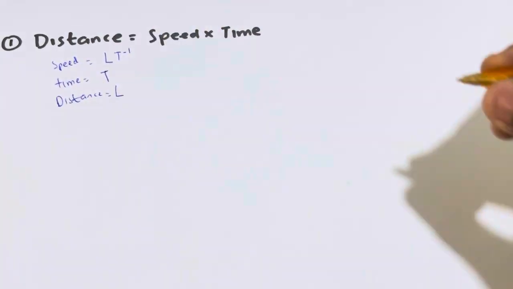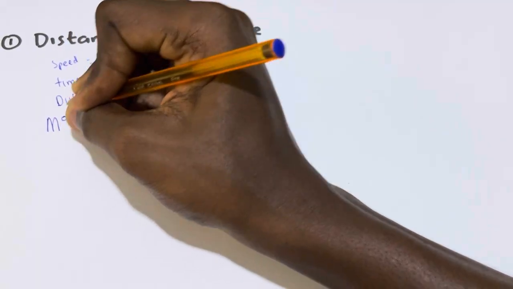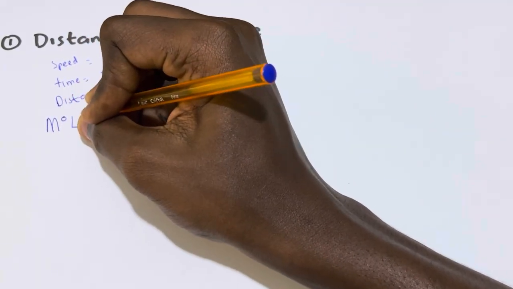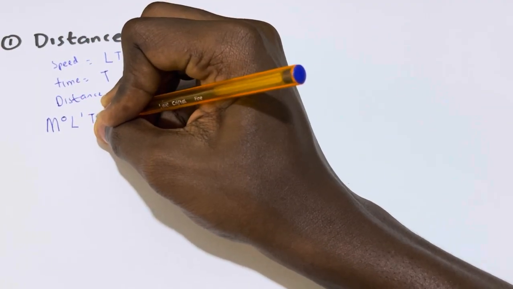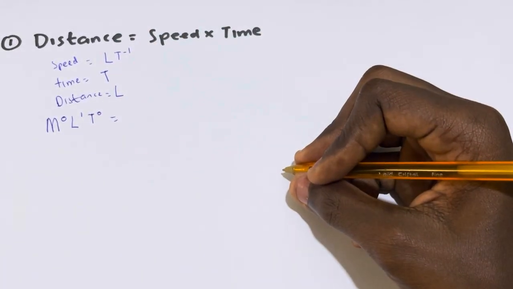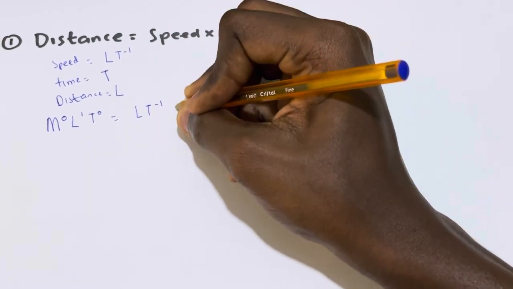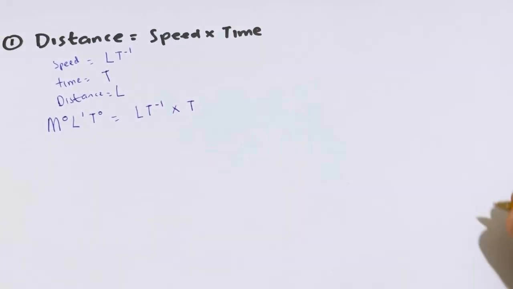But first, any number raised to the power 0 is what? 1. So then you can write M^0, L^1, and T^0. That's all. This is the same as the distance. And the speed is L times the T here, time.